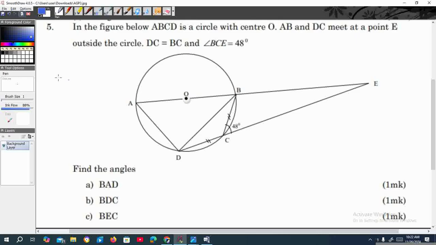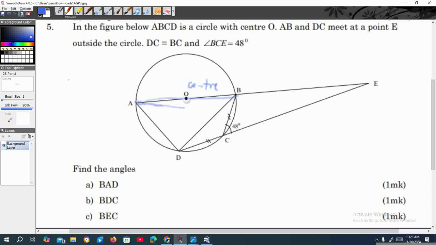Let's look at the different angles here. Angle BAD. Because you are given that AOB is the diameter, a chord passing through the center of the circle, then it is subtending this angle D. The chord AB via O is a diameter because it is passing through O, the center.